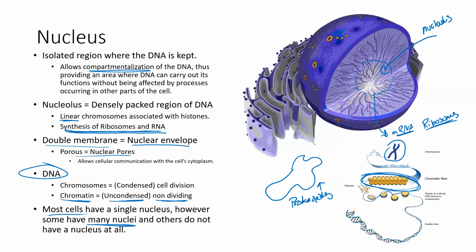In dividing times, during cell division, during mitosis and meiosis, these chromatin fibers are going to condense into structures called chromosomes, which are these X-shaped linear chromosomes in eukaryotic cells. Both of these DNA forms are going to be kept within the nucleus and are important for their particular time within the cell cycle of that cell.